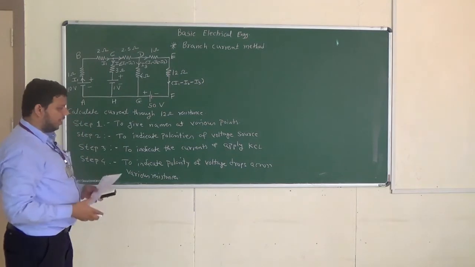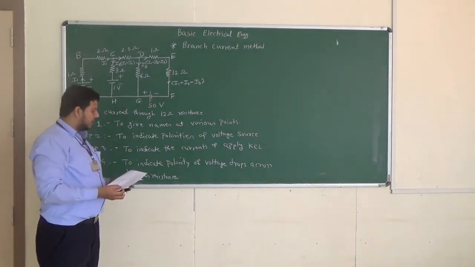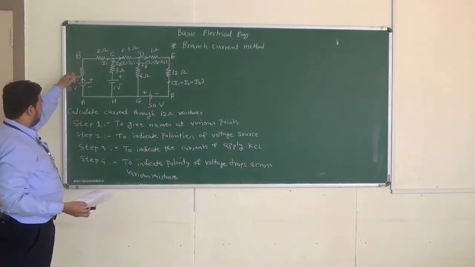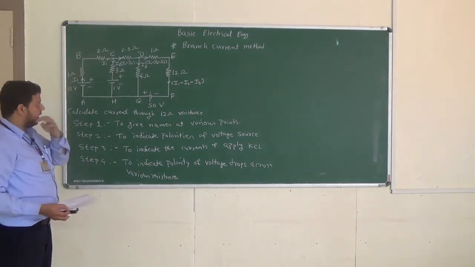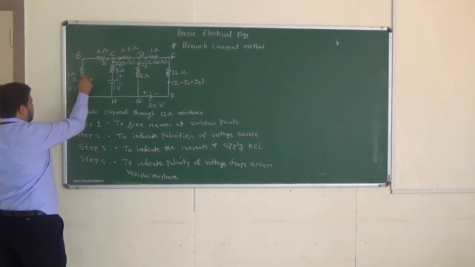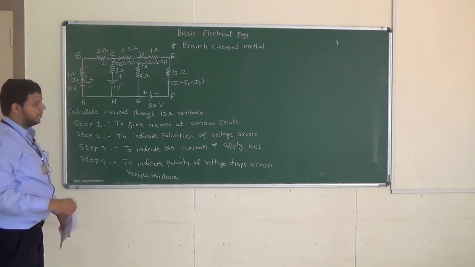Now to indicate the polarity, we have to remember that when current enters a resistance, we indicate plus, and when it leaves, we indicate minus. By this logic, as we can see, current enters here, so this terminal will be plus and this will be minus.